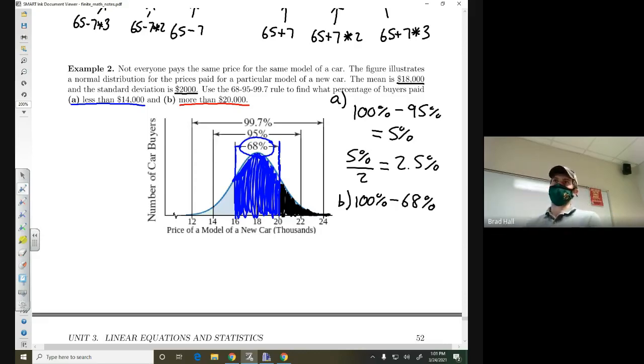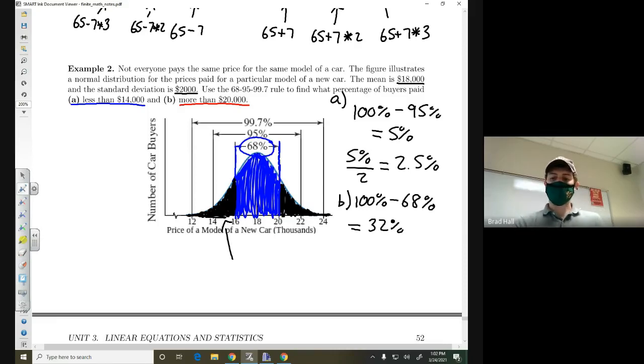The complement just meaning the opposite. So what this tells us, well, one, it tells us it's 32%, but the 32% is not the final answer, because the 32% also gave us this other side, because this is also not in the blue region. So we have to include it by virtue of the complement.